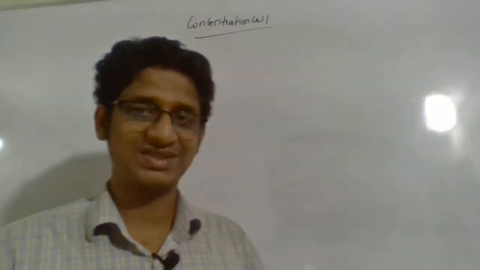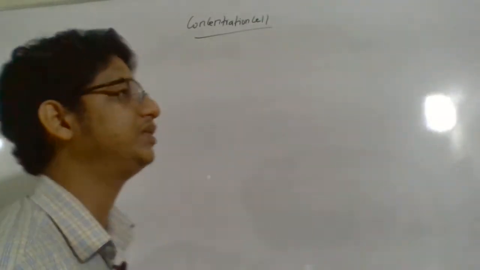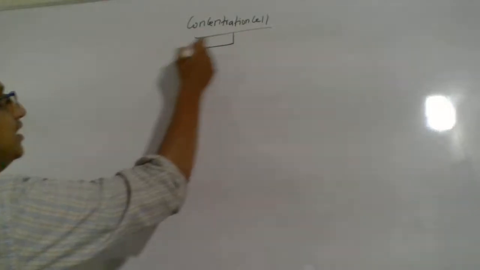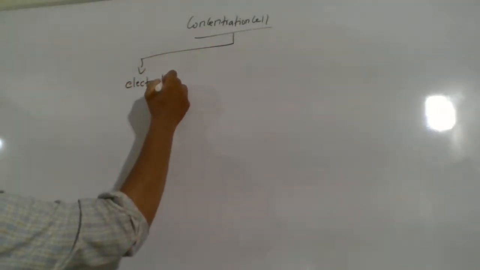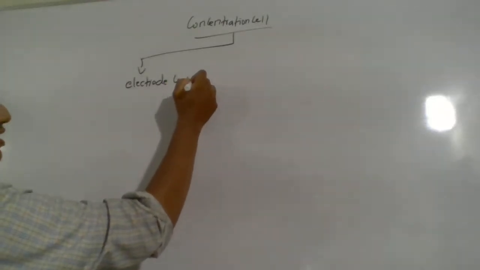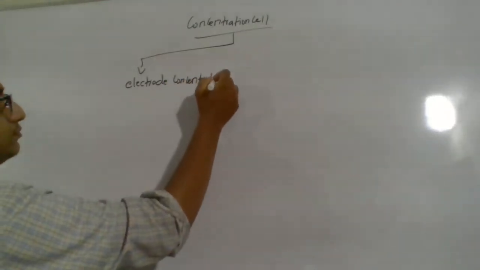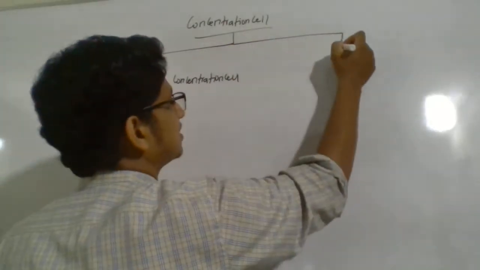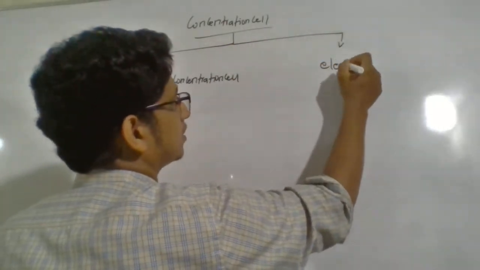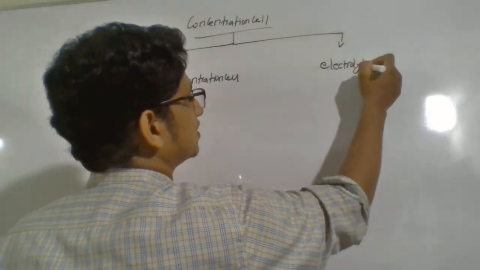As the name suggests, concentration cells can be of two types: electrode concentration cell and electrolyte concentration cell.